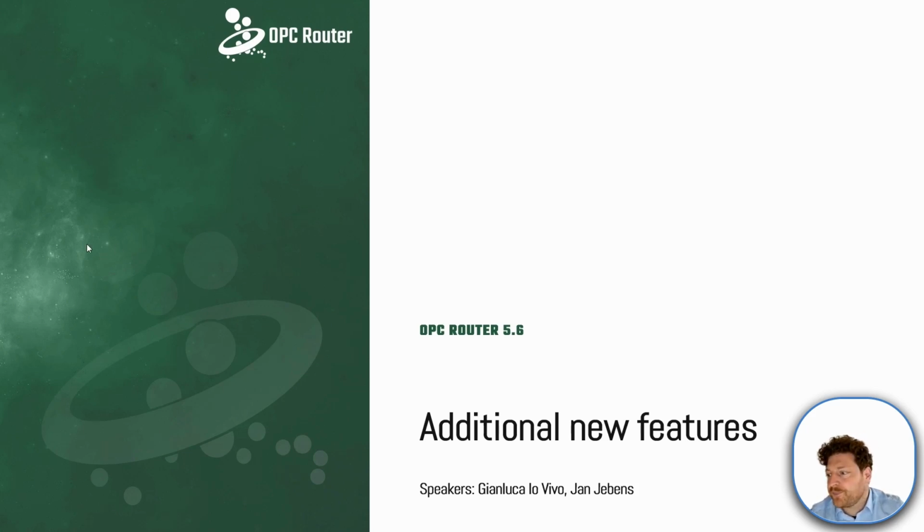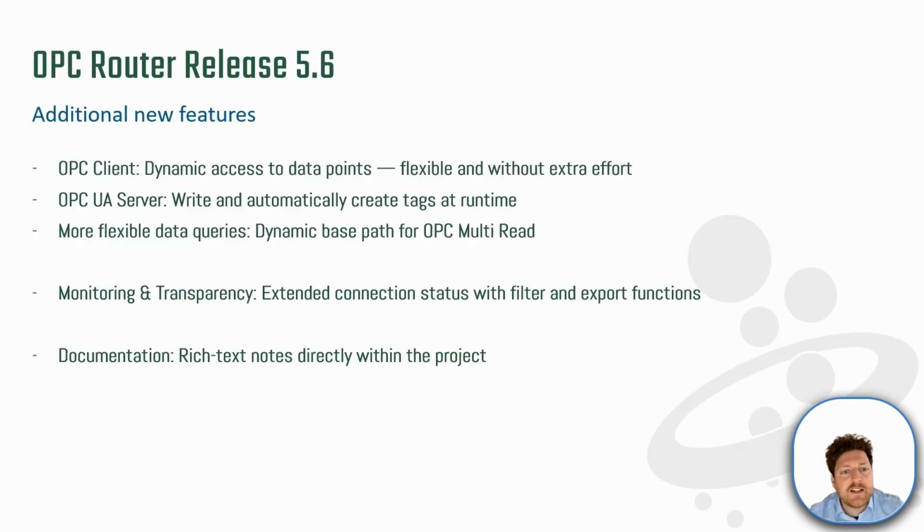So as I said earlier, the OPC Router 5.6 also introduced other additional features, including dynamic read and write capabilities on OPC UA and new enhancements for OPC Router and OPC UA server. And there is also new monitoring functionality which now allows you to download data directly. And another particularly exciting improvement is the documentation of connections.